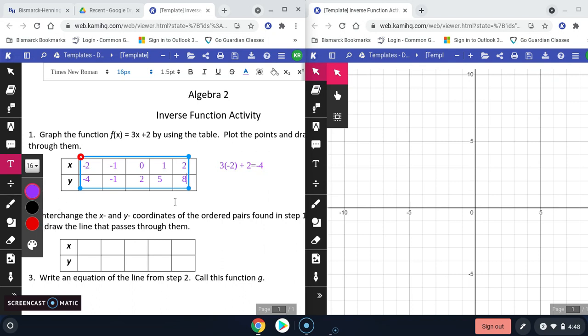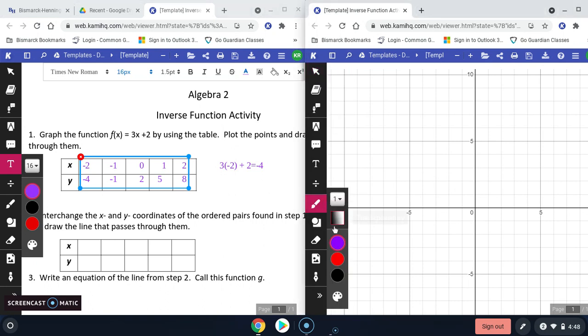Okay, so we're going to graph. You see that I have this second document open. This is just a piece of graph paper. So I'm going to plot my points. So -2, -4, -1, -1, 0, 2, 1, 5, and 2, 8.